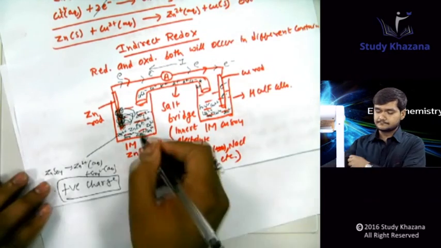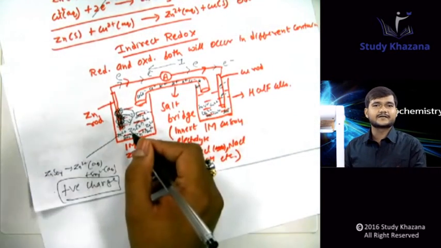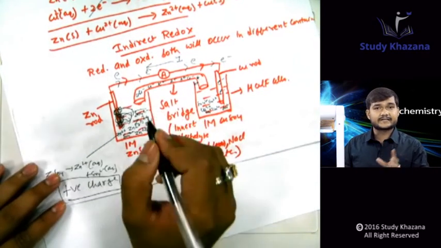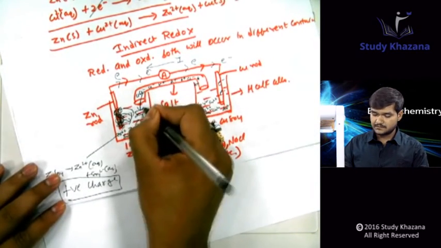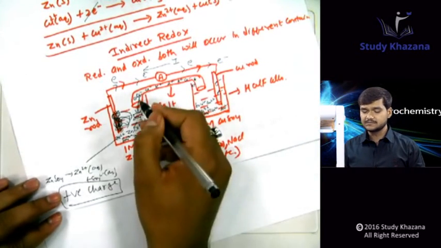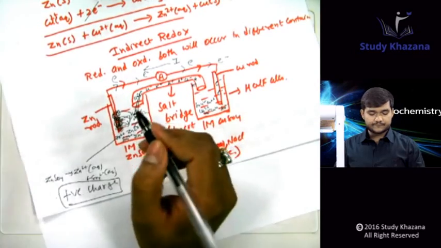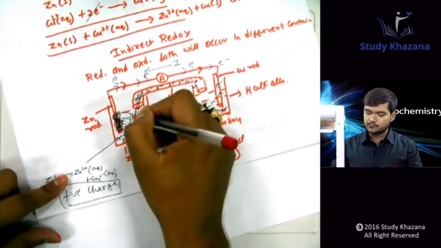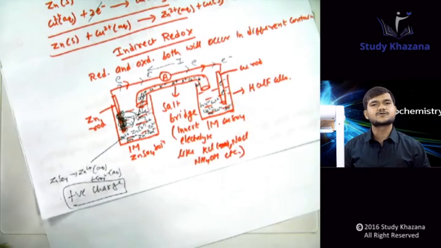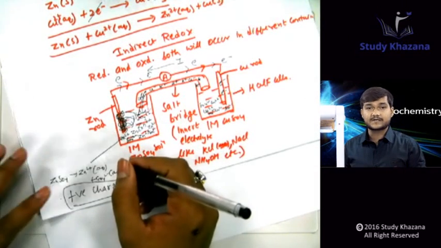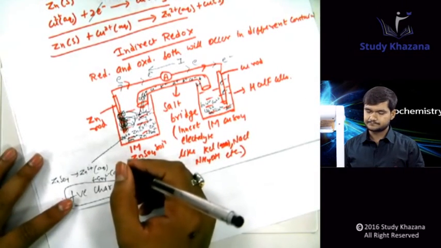Now what happens? When the positive charge concentration increases in the solution, it attracts the negative chloride ions into the solution. When this negative charge falls into the solution, it neutralizes the excess of positive charge which was created when the zinc ion population became high in the solution.